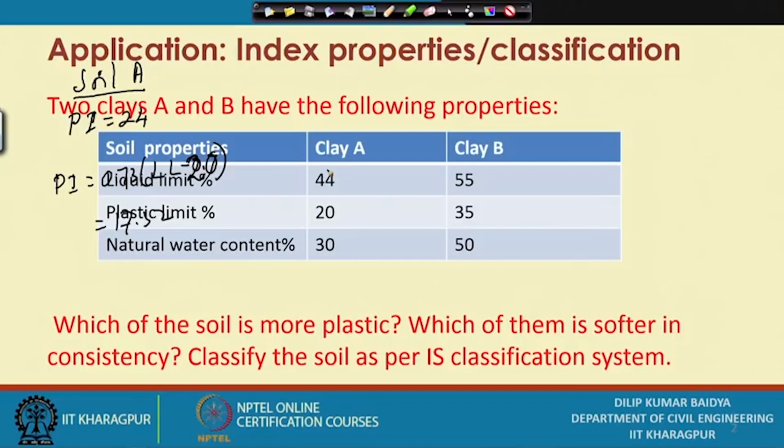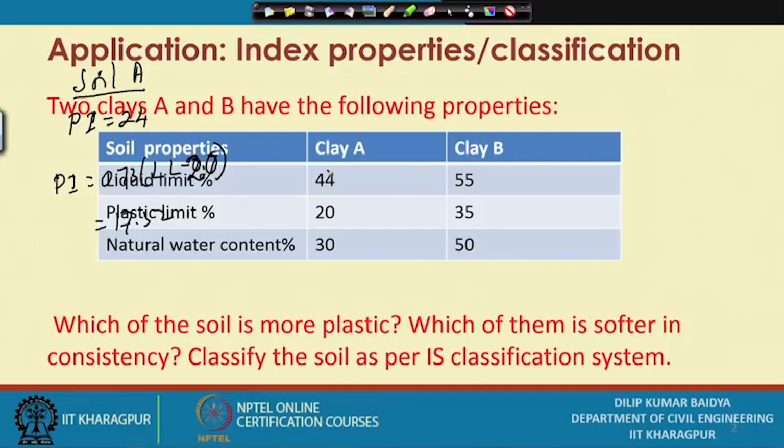Now, the clay soil can have different consistency, whether it is soft or medium or highly plastic, and for that we see the water content range. Here the liquid limit is 44, that means it is between 35 and 50.